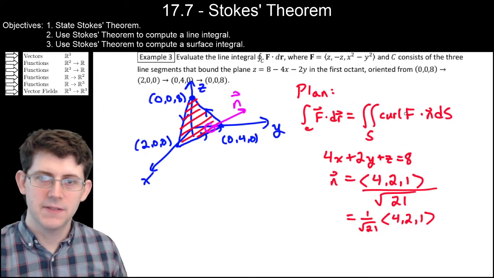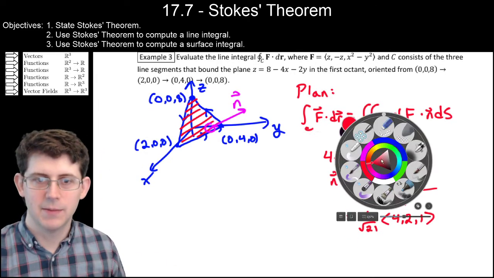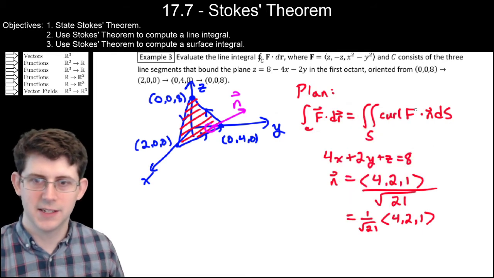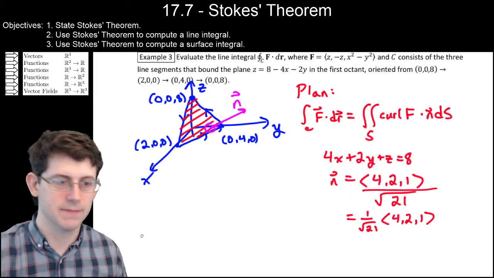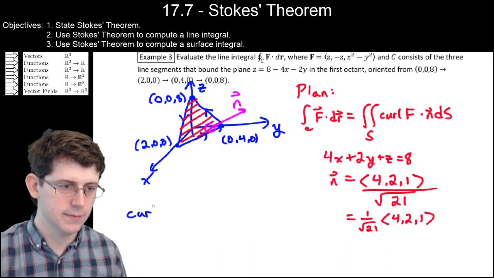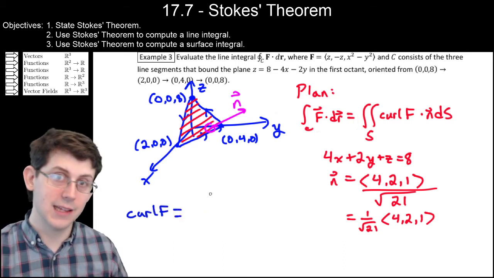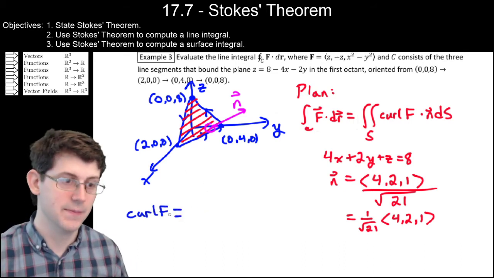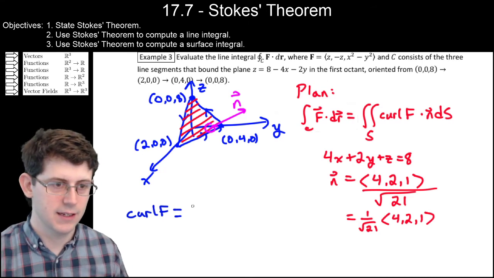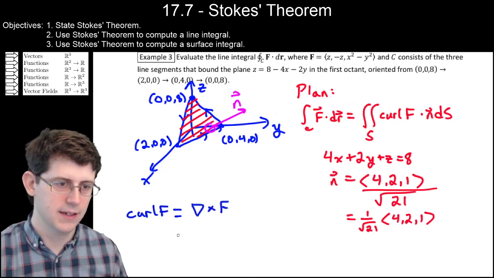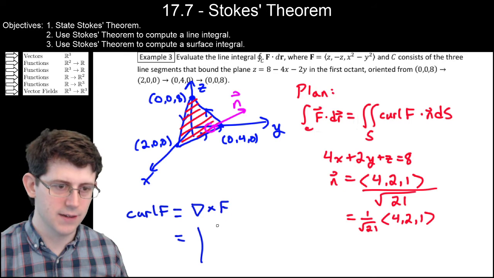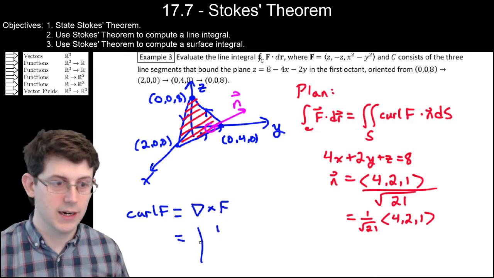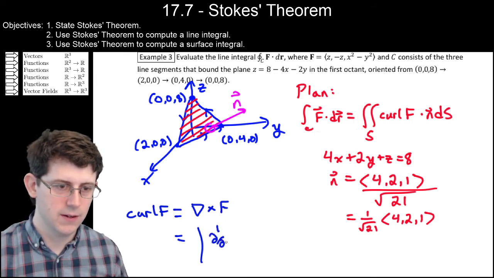Okay, so we'll have to find the curl of f. That's a little bit annoying, but this other stuff is just not hard. So let's do it. And we're getting out of doing 3 line integrals here by doing 1 surface integral. So curl f is del cross f. So it's the determinant of this matrix, where del goes in the 2nd row and f goes in the 3rd row.